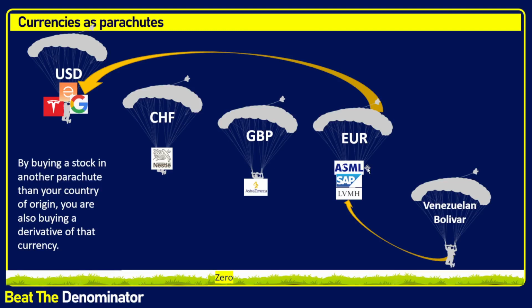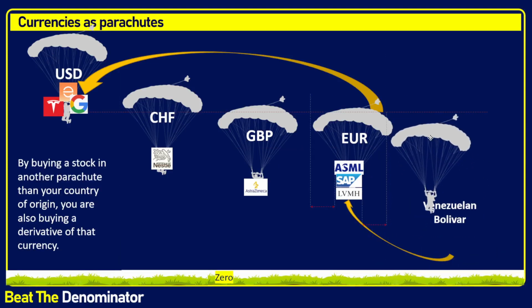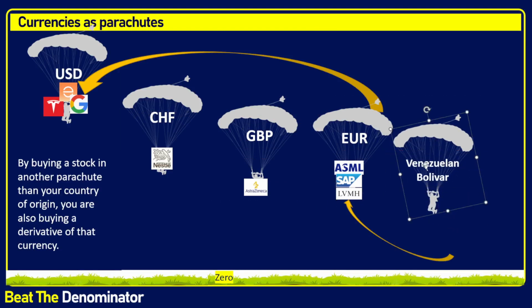So just know that when you buy a stock, you are taking currency risk whether you want it or not. And I didn't put the Brazilian real in this video, but obviously when I buy for this channel, when I talk about my new bank or my Stone co-investment, I am well aware that I am buying in a currency whose parachute is probably around here, right? That would be the Brazilian real would probably be around at this level, roughly, right?